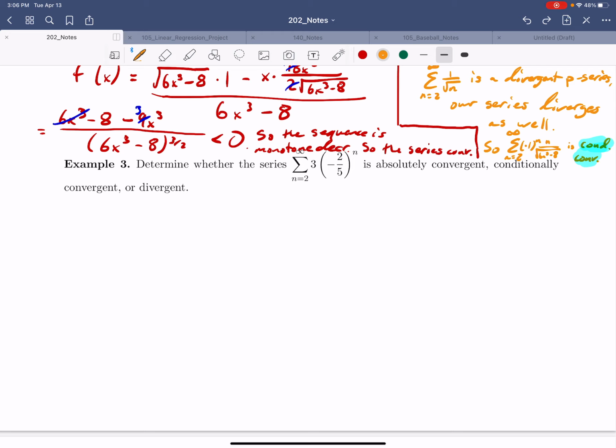We can rewrite this as the sum from 2 to infinity of -6/5 times -2/5 to the n minus 1. I just factored out a -2/5, multiplied it by 3.